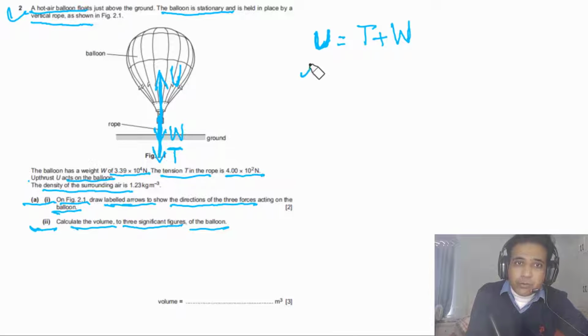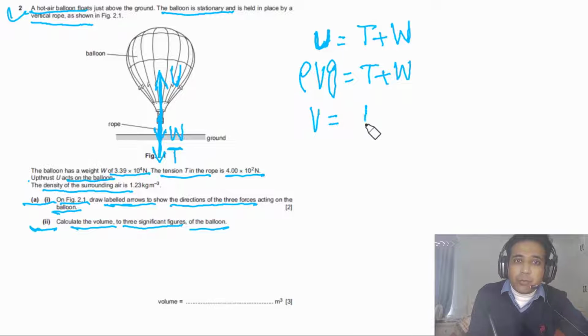From here, upthrust is equal to rho V g, which equals tension plus weight of the balloon. We need to find the volume of the balloon, so simply V is equal to tension plus weight divided by rho times g.